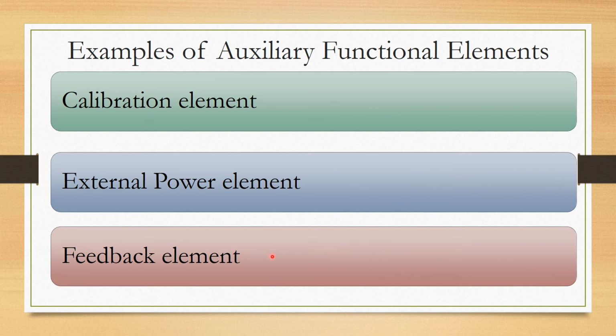So the feedback element will give feedback to the control element, and the control element will control the temperature. So if you want control, then you need feedback elements. These are some of the auxiliary functional elements. Apart from this, you can also find several other functional elements.